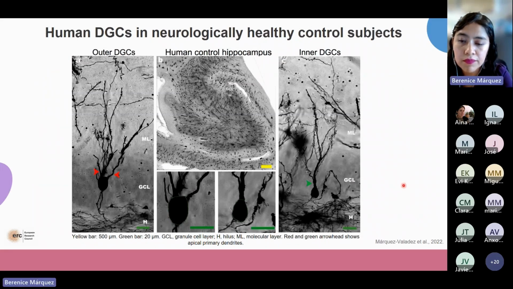In this figure, I show you a representative image of Golgi stain in human hippocampus and magnification of outer and inner dentate granule cells and their respective somas. In the colored arrowheads, we observe the apical primary dendrites in each cell.